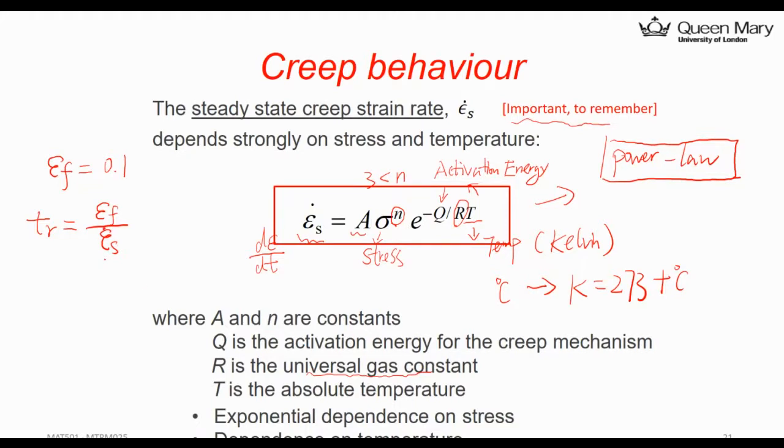So that looks like a kind of a length or displacement, and this looks like a velocity. This is the failure strain, and this is like the velocity for the material to deform and creep, and that gives you the time to failure. Okay, so that's the basic equation.